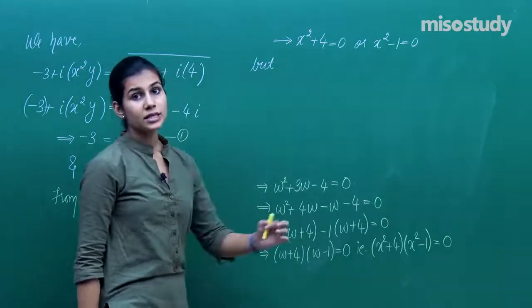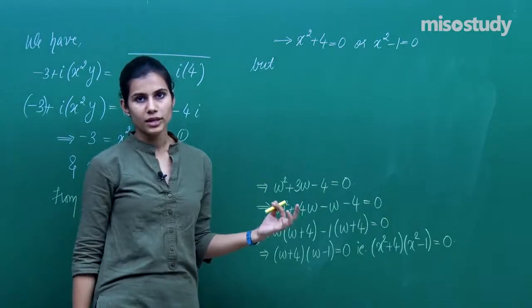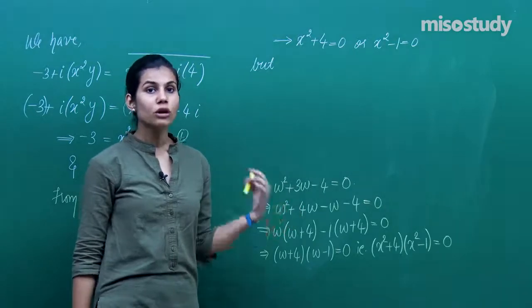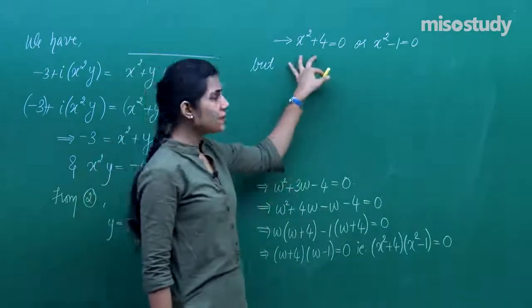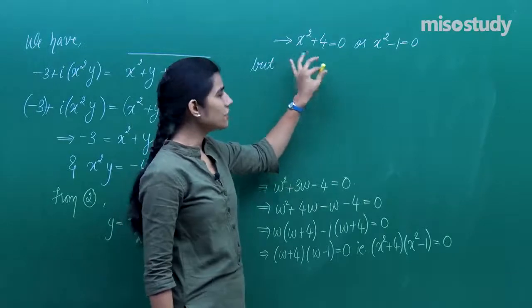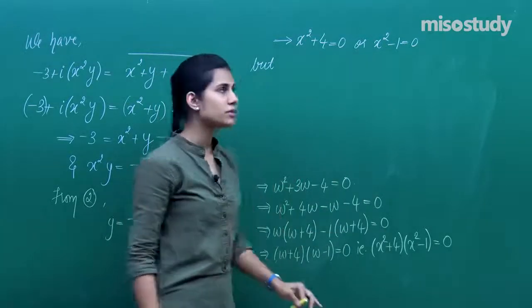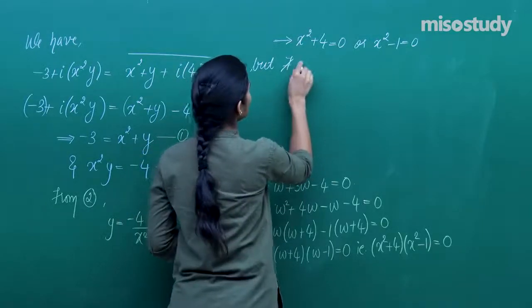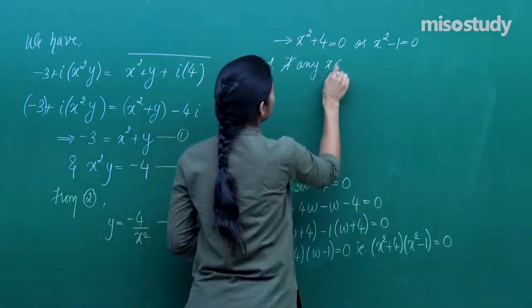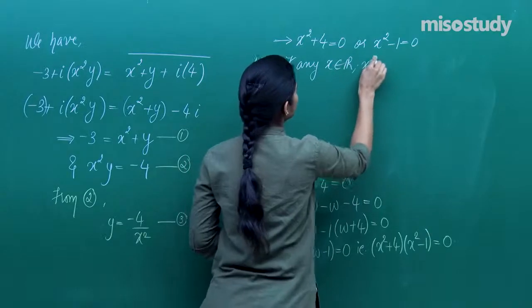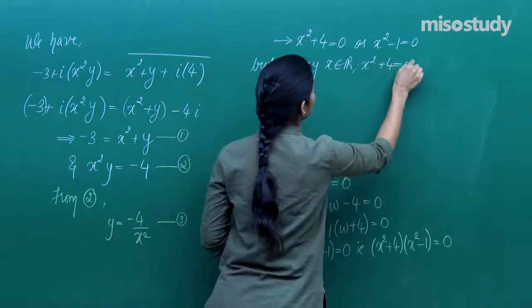That means x equals under root of minus 4, that means 2 iota. This is going to give me imaginary values of x for which x square plus 4 is 0. There is no real number x which is satisfying x square plus 4 equals 0. There does not exist any x belonging to R such that x square plus 4 is 0.